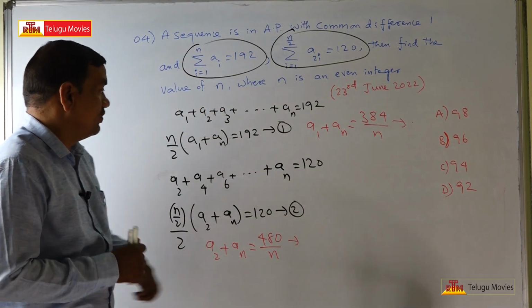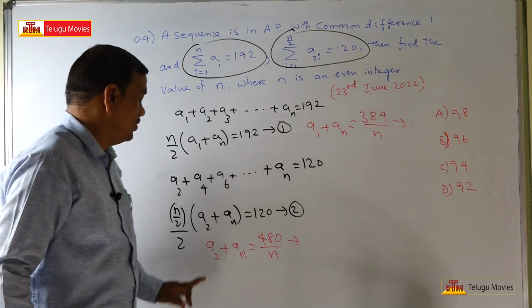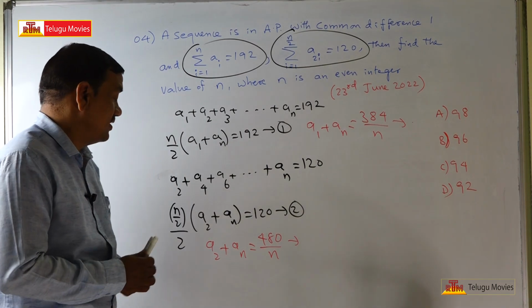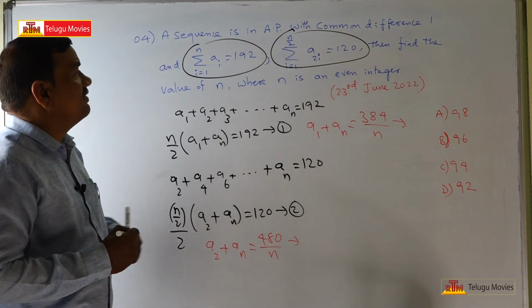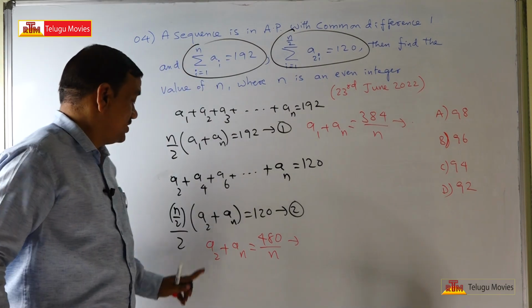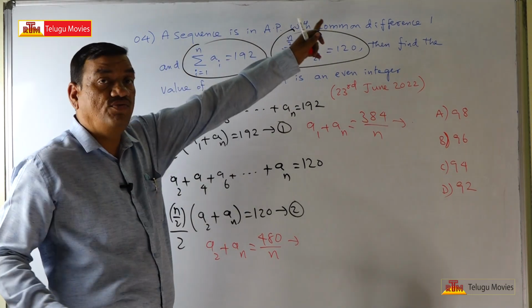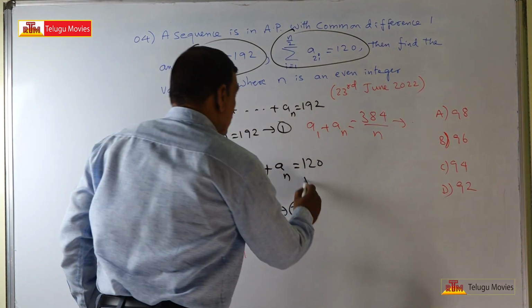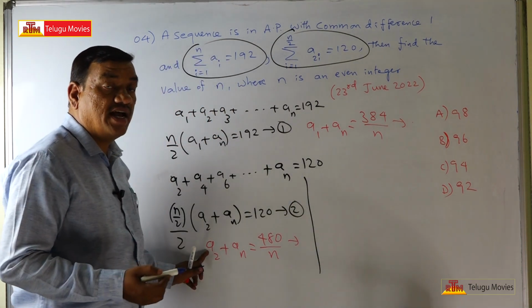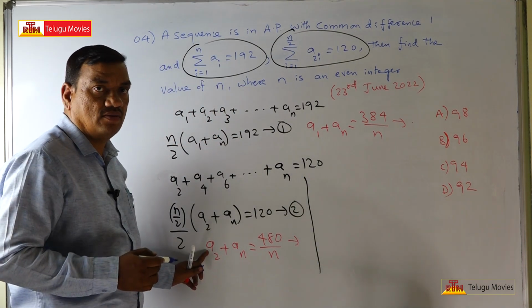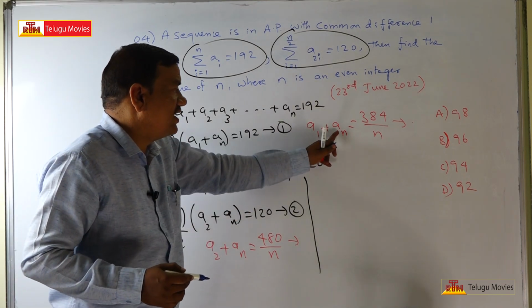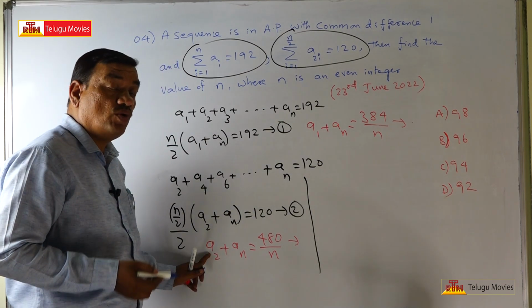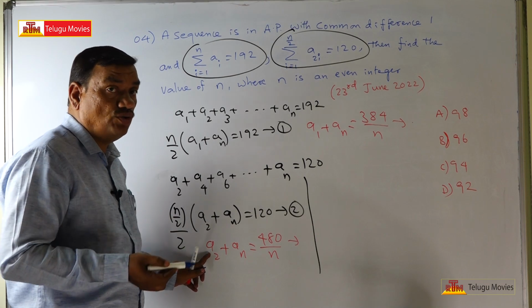Okay, now we got a1 plus an here and a2 plus an. Now it is given that this is an arithmetic progression with common difference 1. Common difference 1 means a2 can be written as a1 plus 1. Why? Because it is a1, an in one, but a2 in the other, so I want to change it into a1.